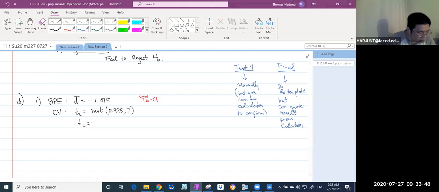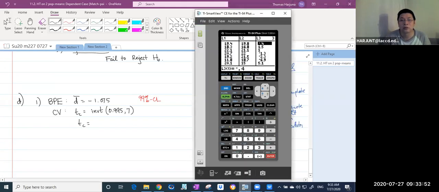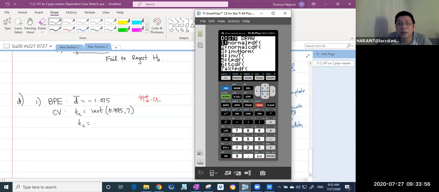Inverse t, oh, I don't have it. Oh, here's my calculator. Inverse t of 0.995, that's the area to the left, degree of freedom 7.